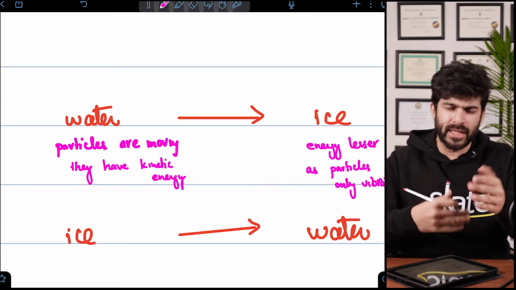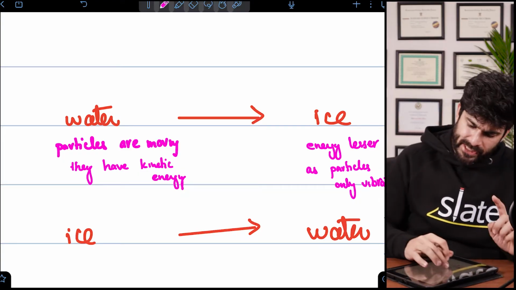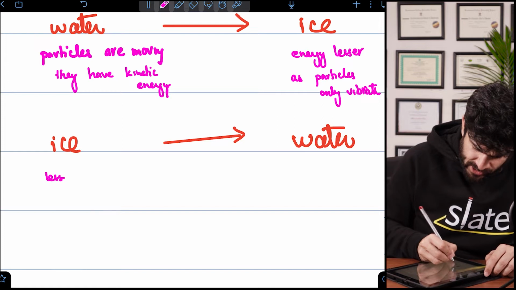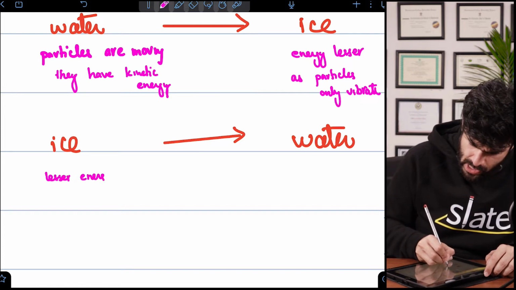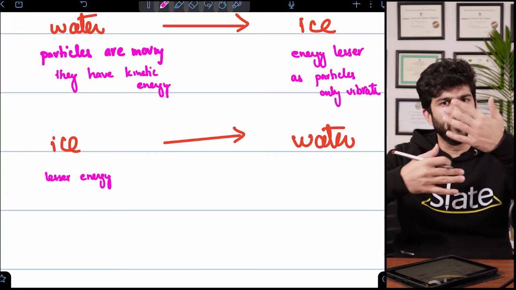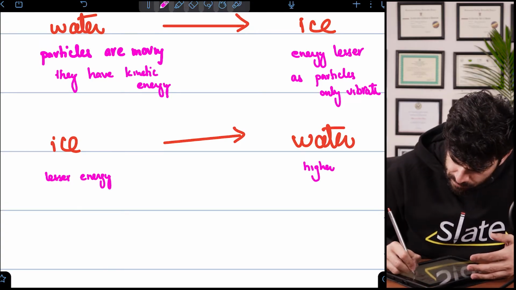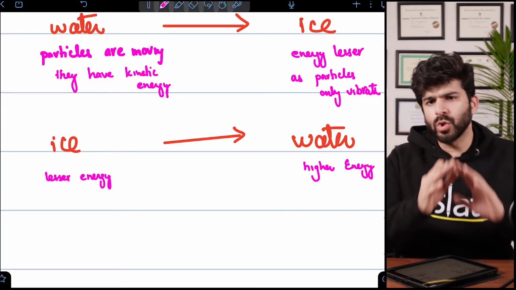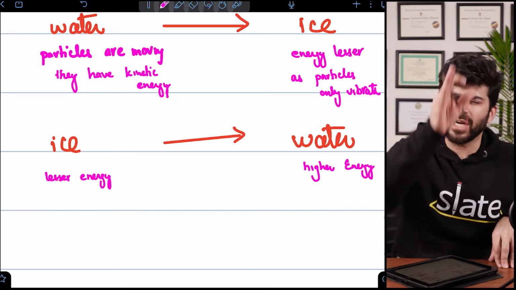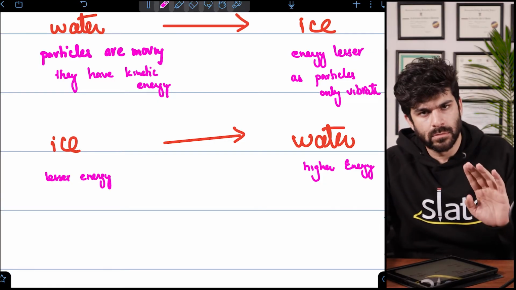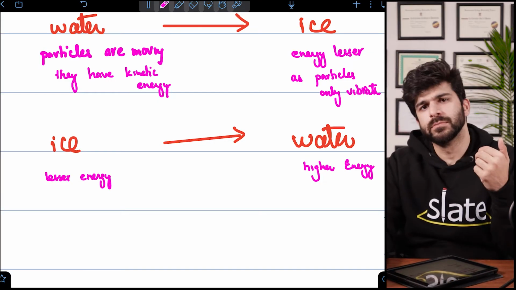Let's just talk about particle theory and then we'll have a comparison. In the case of ice, again we know lesser energy, and water has free moving particles, so water has higher energy. So what do you do if you have to convert ice into water? Will you give heat or will you take out heat from the system?